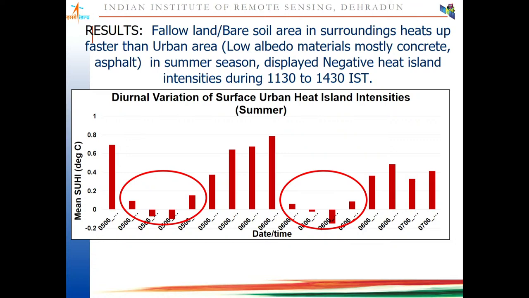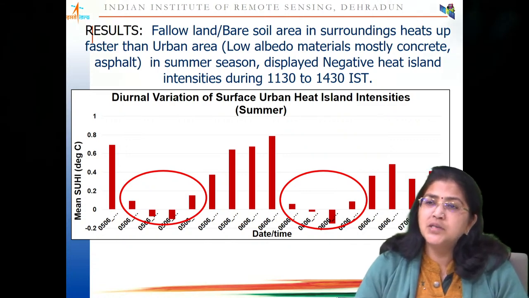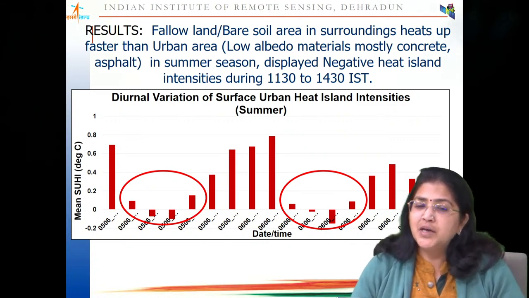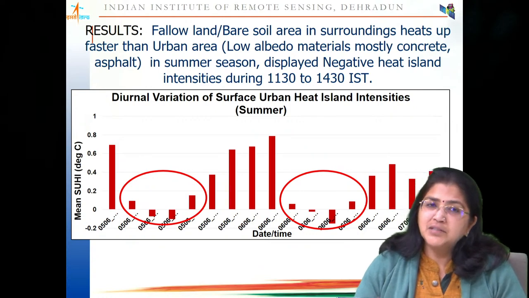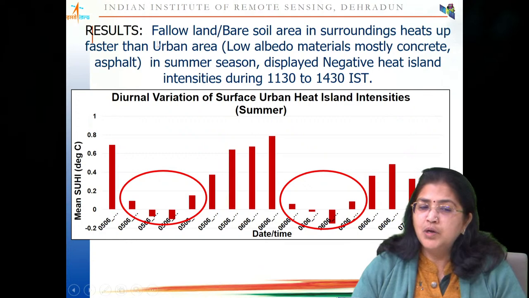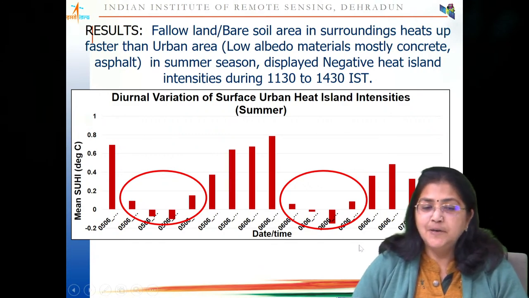However, bare soil area or fallow land in the surrounding, a phenomenon mostly seen in our arid and semi-arid region, heats up faster than the urban area. So your surrounding area temperature is more than your urban area, and that's why you can see the negative heat island intensities in urban area.